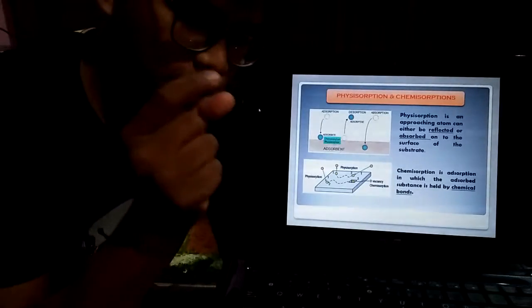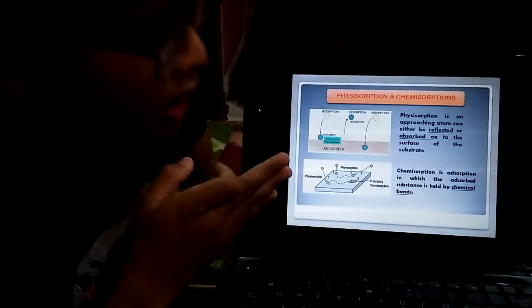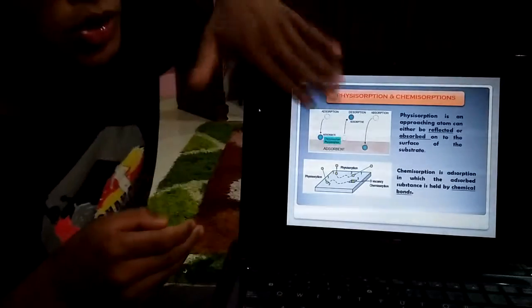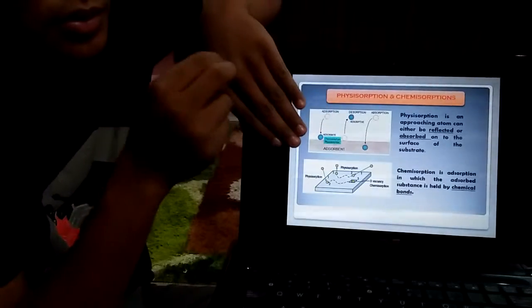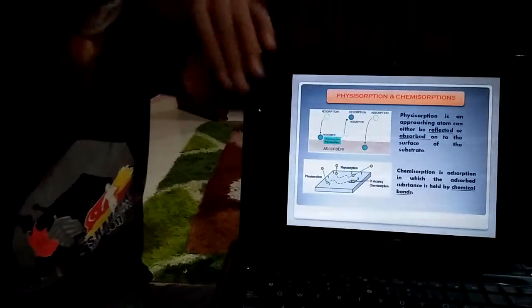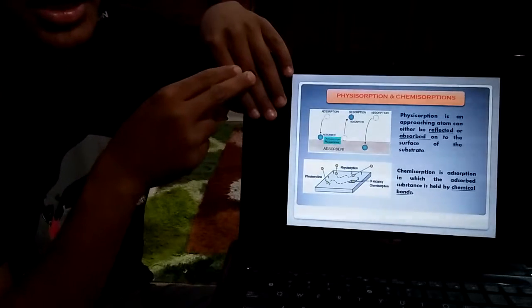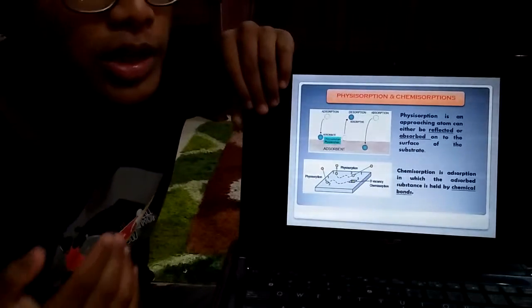The process of the particle merging with the surface is physisorption. The particles can be reflected or absorbed. It cannot stick; it is not strongly attached.